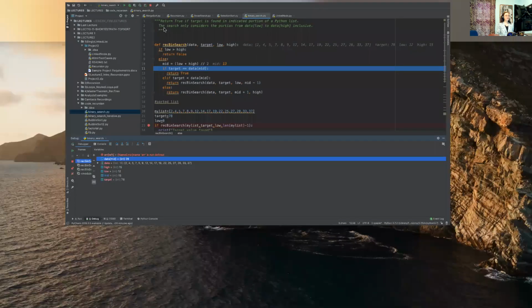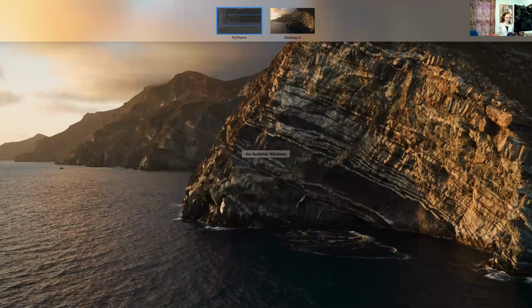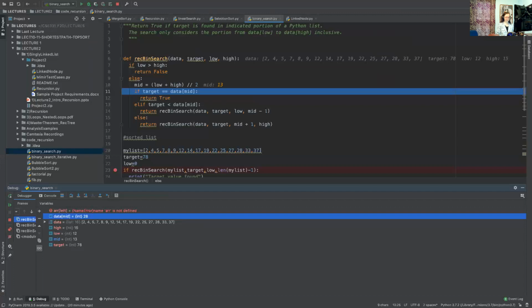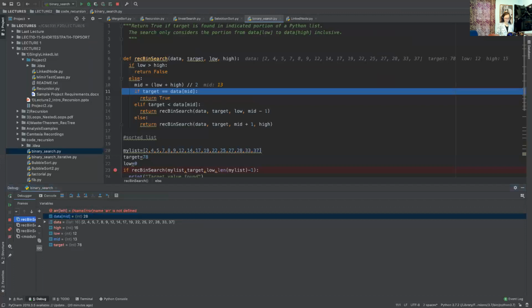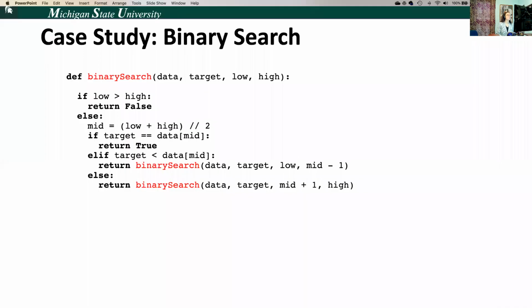Let me go back to our presentation. So this was our binary search. I'm guessing everybody is able to see my slides, so I'm moving on here. So how do I analyze it?